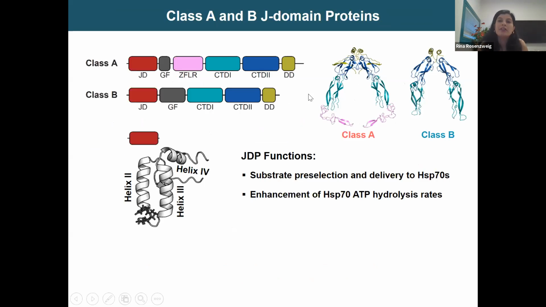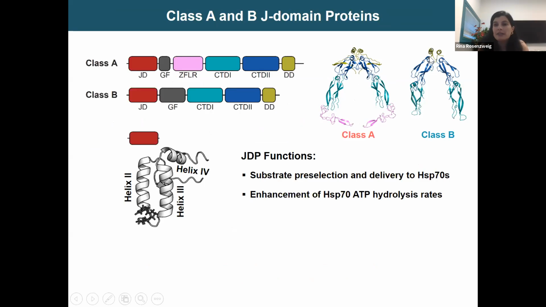And this is a particularly intriguing question if we compare between two known classes, class A and B J-domain proteins. You can see their domain organization here. Structurally, they're very, very similar proteins. But class A with HSP70 do not disaggregate at all, while class B are fully functional.